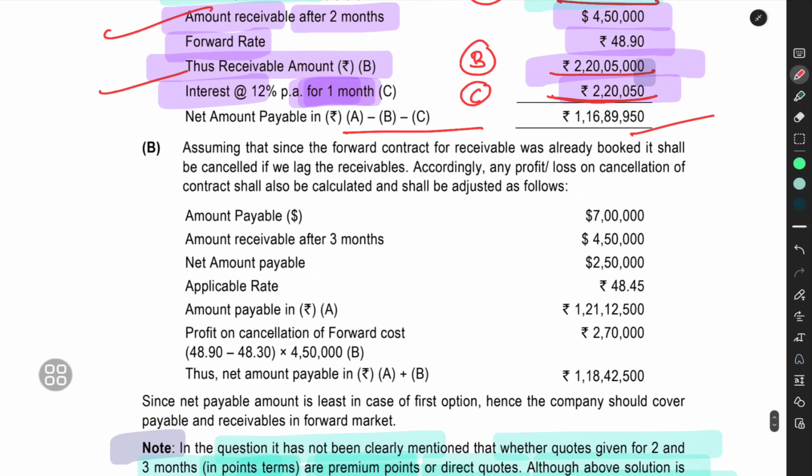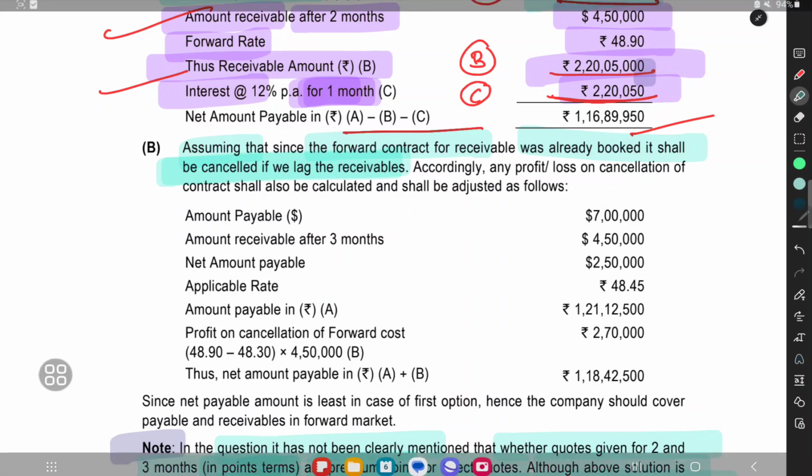Now see, assuming that since the forward contract for receivable was already booked, it shall be cancelled if we lag the receivable. Yes, so see, this is the part that we have missed. This is very logical also.